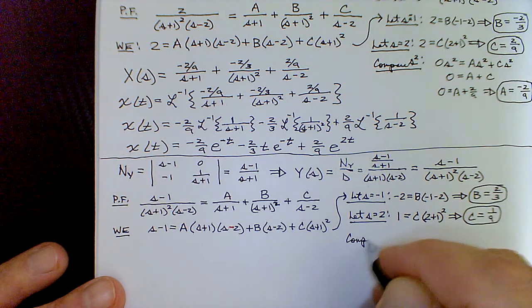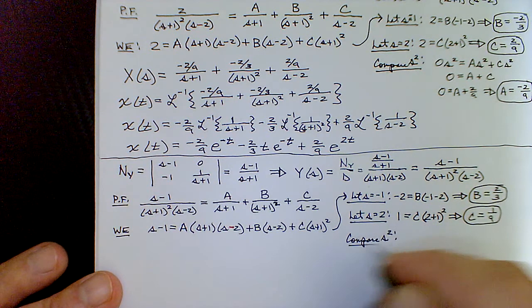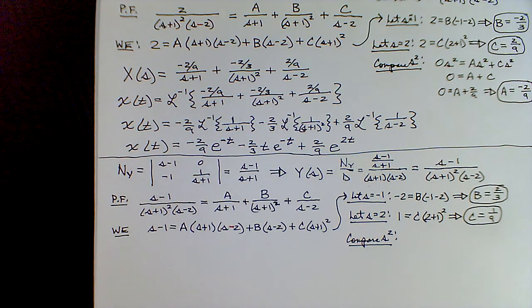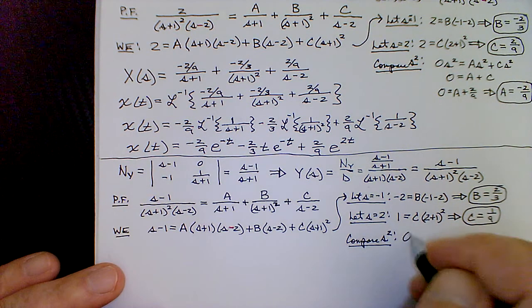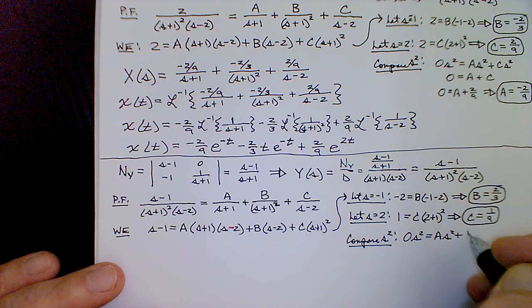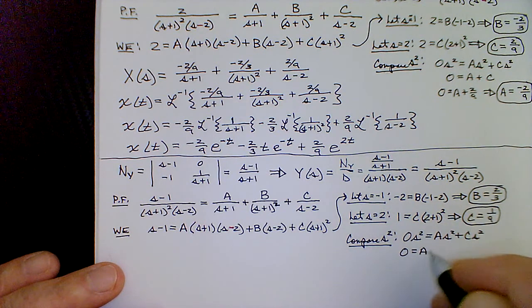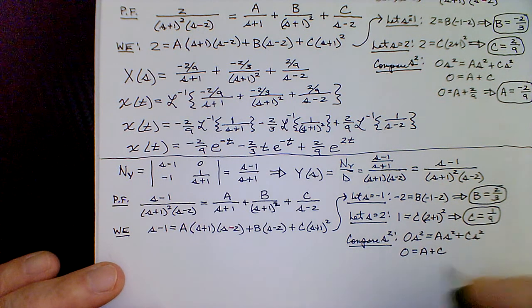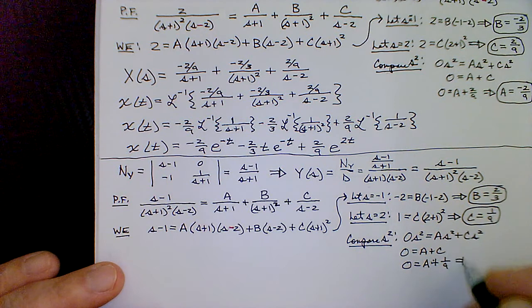Okay, and then to get A, we can compare the s squareds again. And so on the left we have 0 s squared, on the right an A s squared plus a C s squared. So then 0 equals A plus C, but C we already know is 1/9.